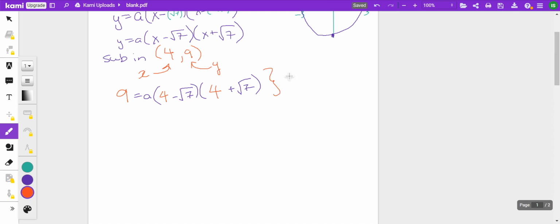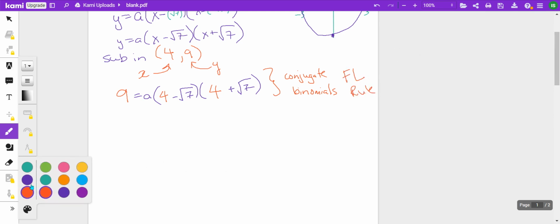Ooh, that's right, Miss Sly. Conjugate binomials. Ooh, that's a good thing because then I can use the FOIL rule. Okay, so let's simplify. I have a 9. I leave the a, right? Let me first figure out what I get with the FOIL rule.